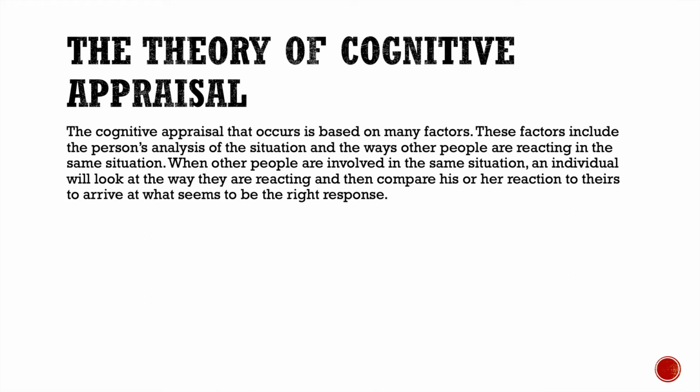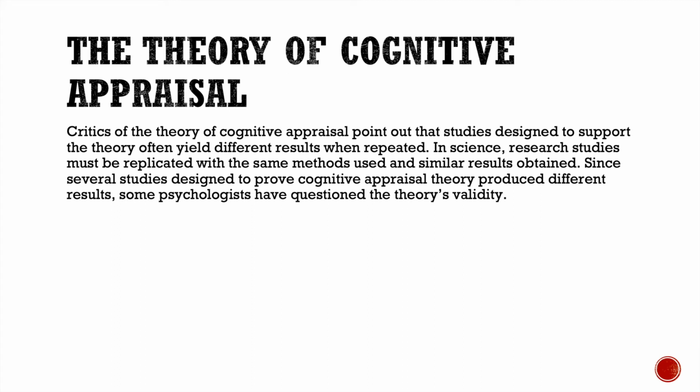These factors include a person's analysis of the situation and the ways other people are reacting in the same situation. When other people are involved in the same situation, an individual will look at the way they are reacting and then compare his or her reaction to theirs to arrive at what seems to be the right response.